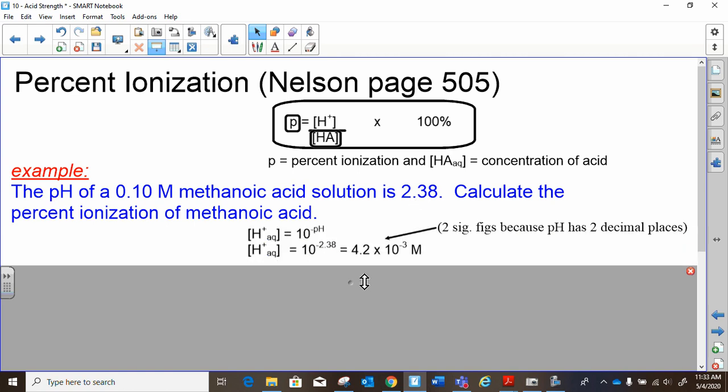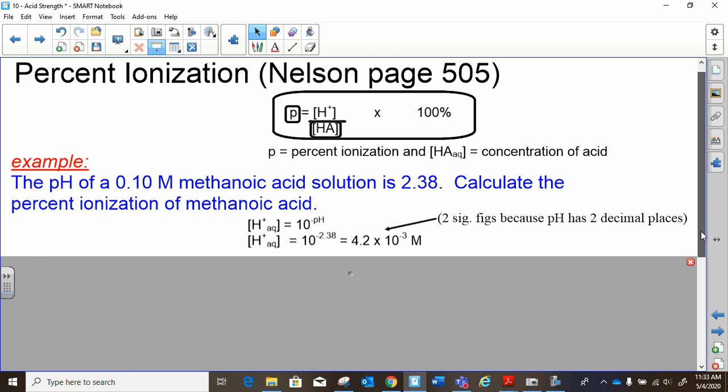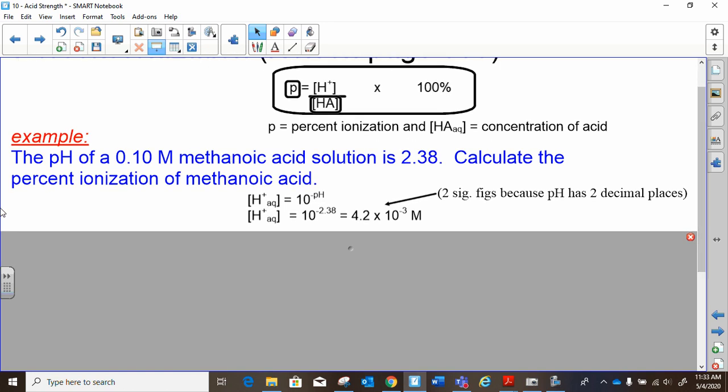That pH, as you learned last week, you can put that 10 to the negative pH, and that will give you your H plus. So again, take out your calculators and try that for me. On my calculator, I have a button that actually looks like this, 10 to the X. And I press that button, and then I press 10, press that button, and then I put negative 2.38, and that gives me my H plus.